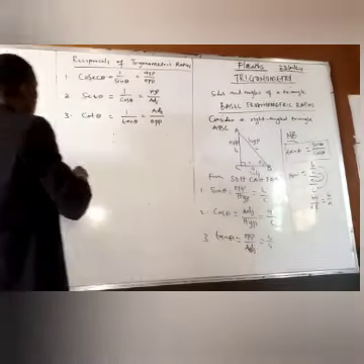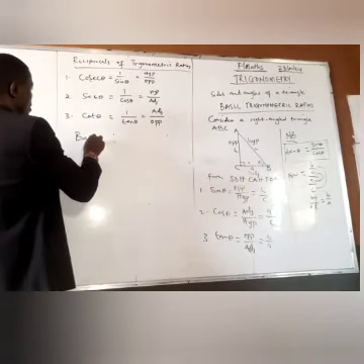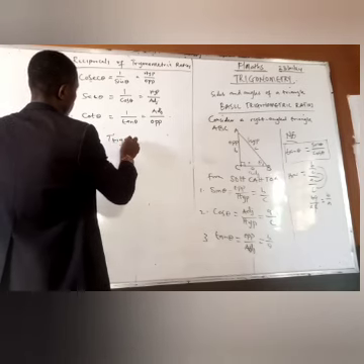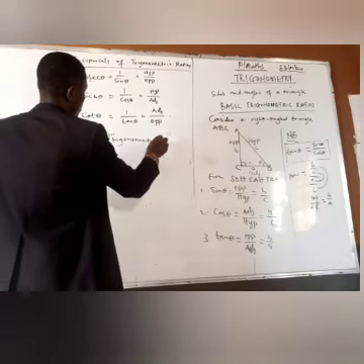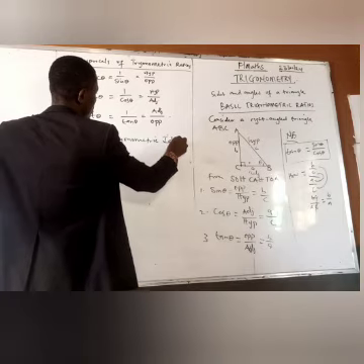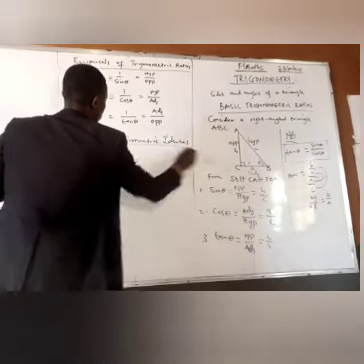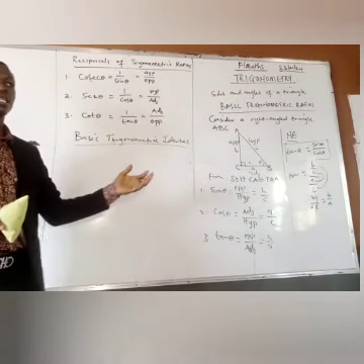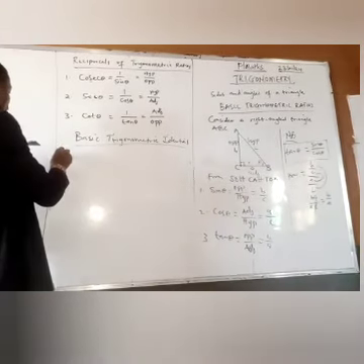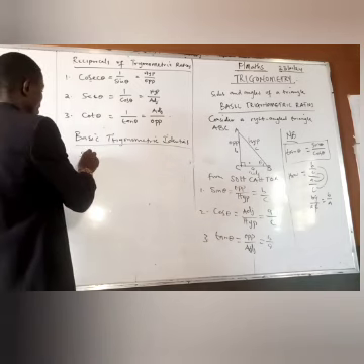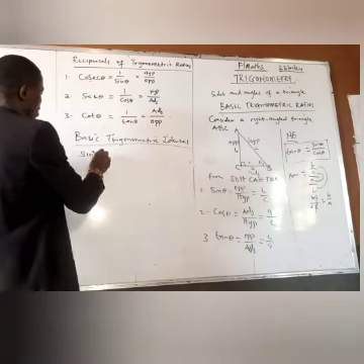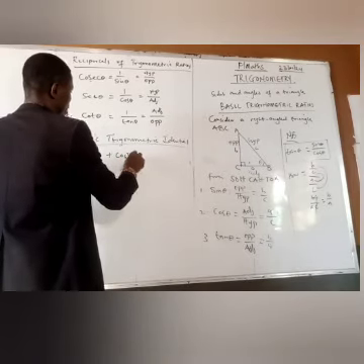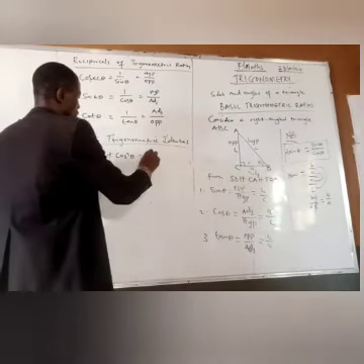Now let's look at the basic trigonometric identities. We have 3 of them, just like I've stated before. The first one is that whenever you have sine squared of any angle plus cos squared of any angle, the result is what? 1.